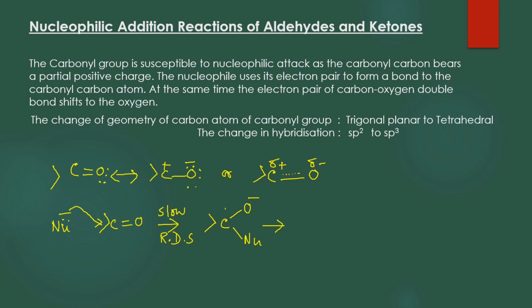In the next step, the strongly basic anion picks up a positive ion, say H plus ion, which adds to this oxygen atom.